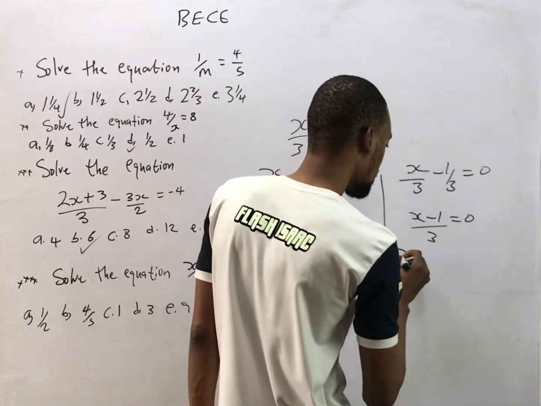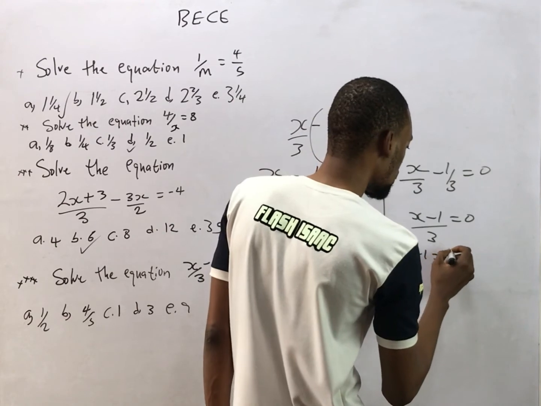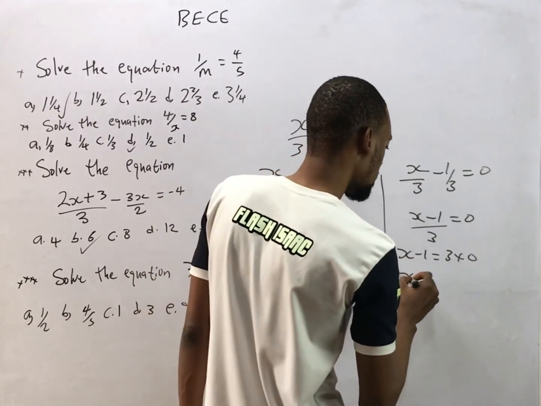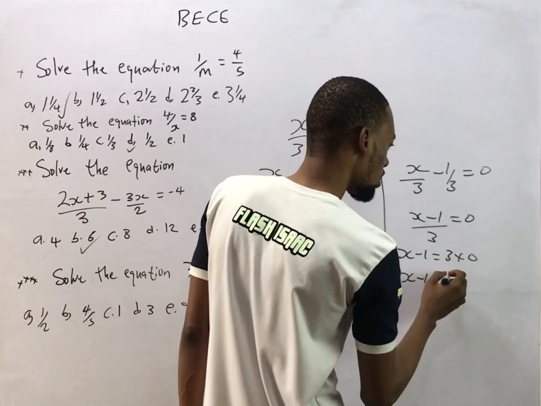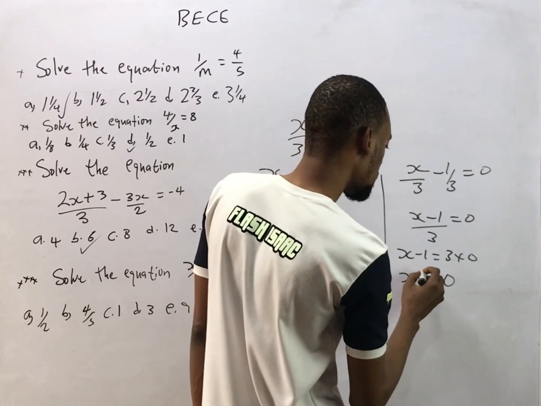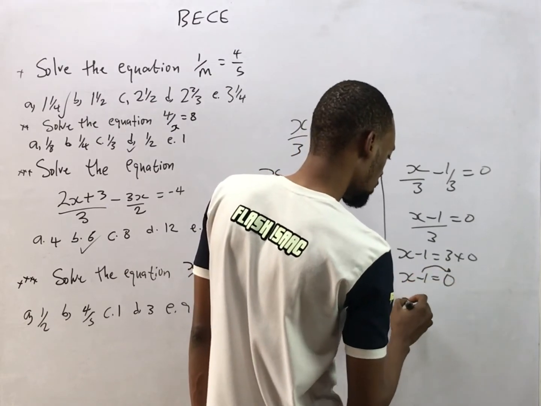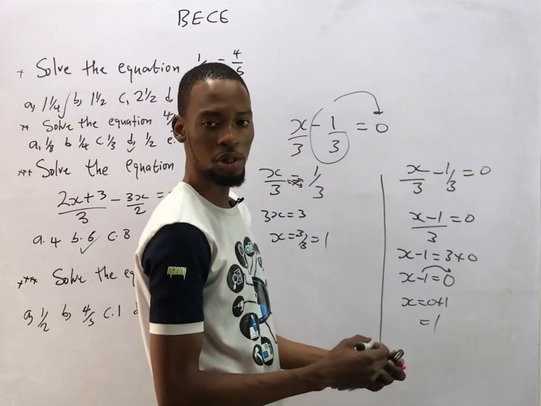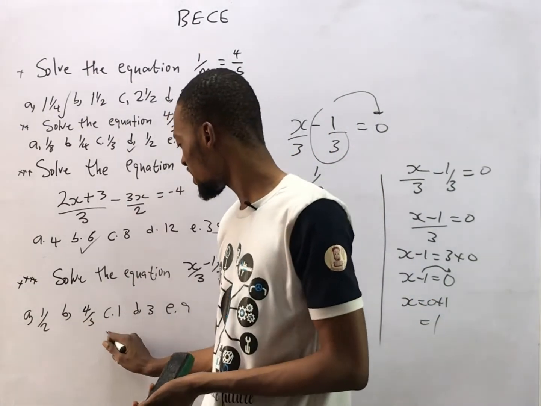So solving this, s minus 1 is equal to 3 times 0 after cross multiplying. So s minus 1 is equal to 0. 3 times 0 is equal to 0. So taking this minus 1 this way becomes positive. So s is equal to 0 plus 1 is equal to 1. So anyhow you solve it, you get 1. So your answer is 1.